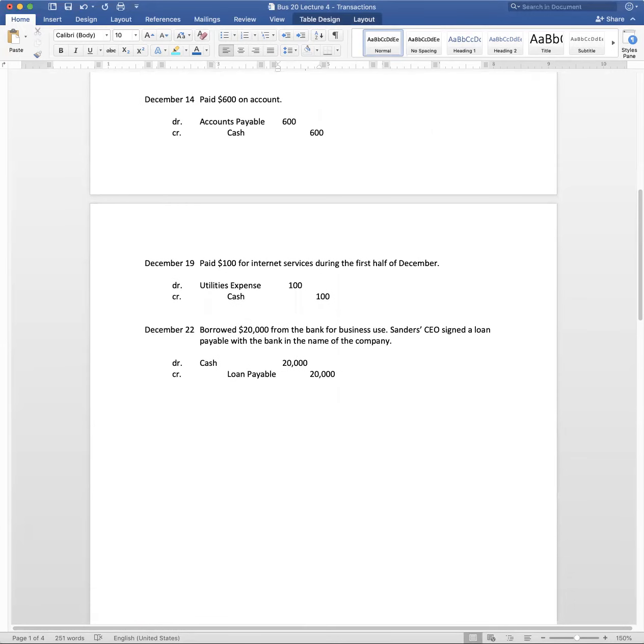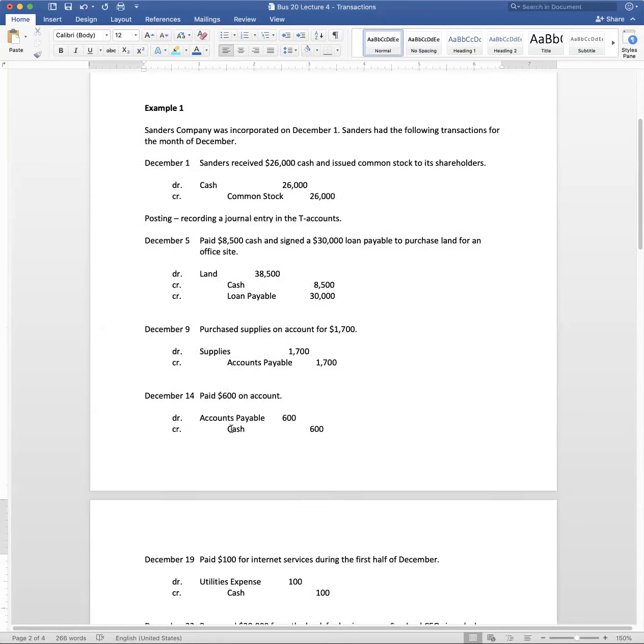Next transaction on December 29th. We're heading to the end of the month now, so our transactions are going to start winding up. On December 29th, they paid advertising expense of $1,800 and an electric bill for $1,400. All right, so advertising expense, it's right there in the question, right? We clearly have advertising expense.